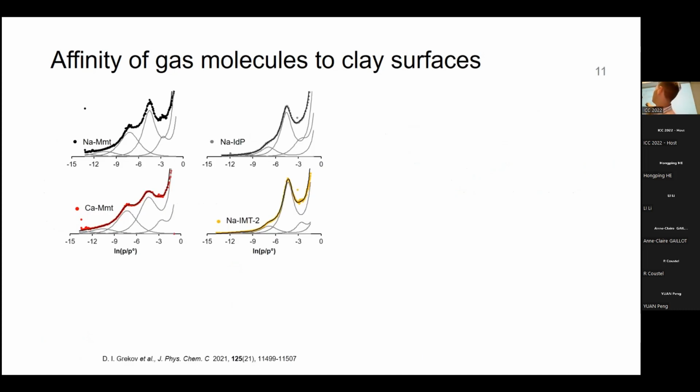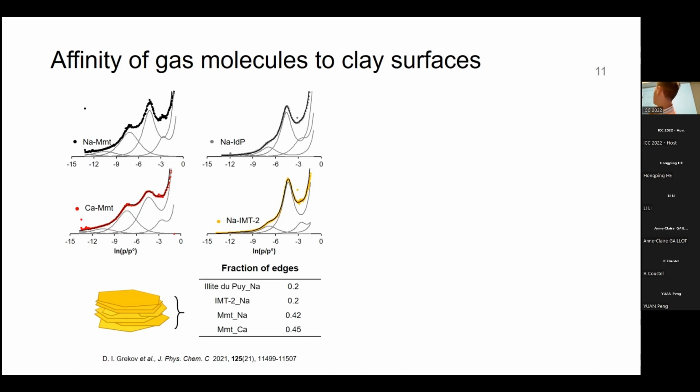So two montmorillonites, sodium and calcium, and two illites. The first two components are assigned to the adsorption on edges and the two remaining components at higher pressure correspond to the adsorption on basal planes. And what we can see here is that if we compare smectites with illites, the component at lower pressure, which corresponds to edges, is much more pronounced, which means that the fraction of edges in the total surface area is higher in these clays.